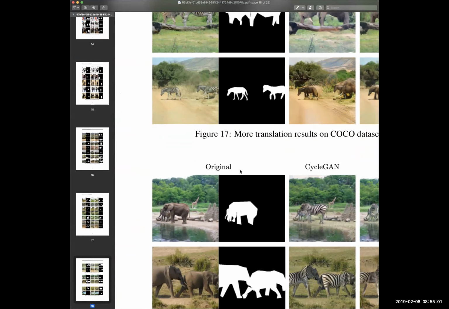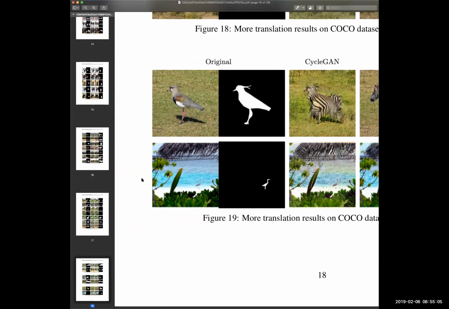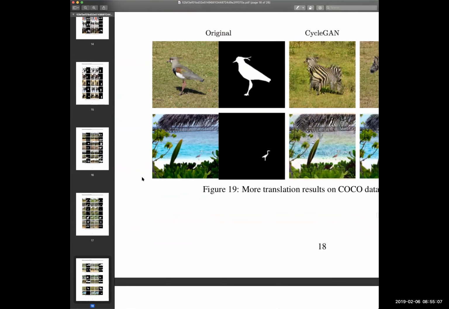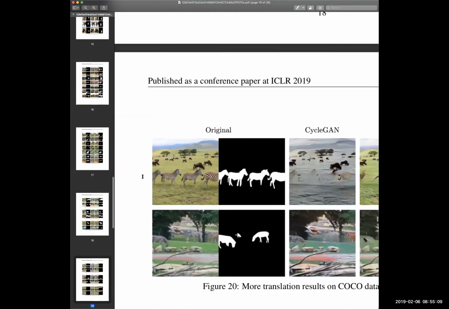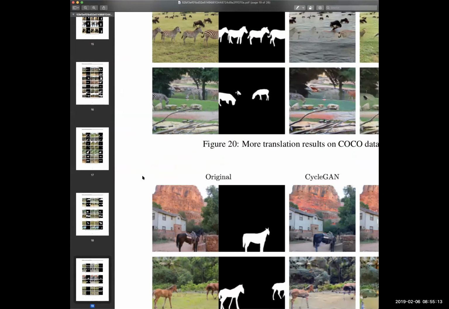So yeah, I would recommend looking through the paper at the pictures, at least. They've gone to a lot of trouble to give a lot of examples.